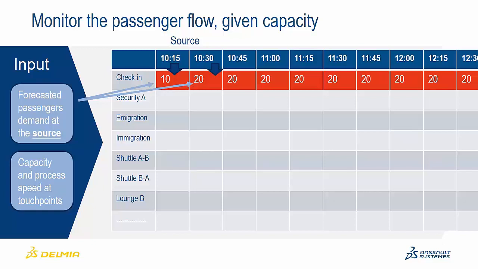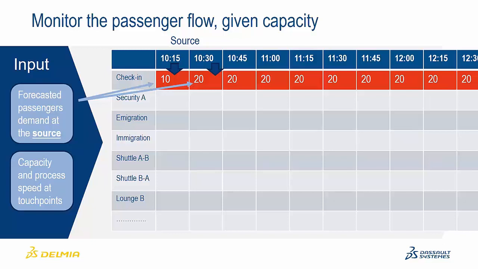Basically, as long as you're not processing the passenger, they stay within their current spot. At 10:30, again 10 people arrive at the check-in desk. So now the total demand here is 20. For each time window you can derive how many passengers will arrive at this particular touch point.